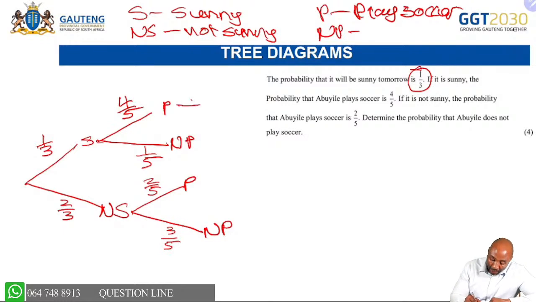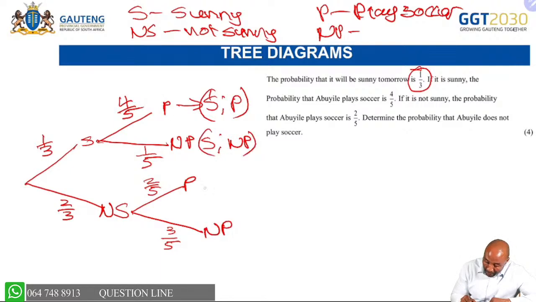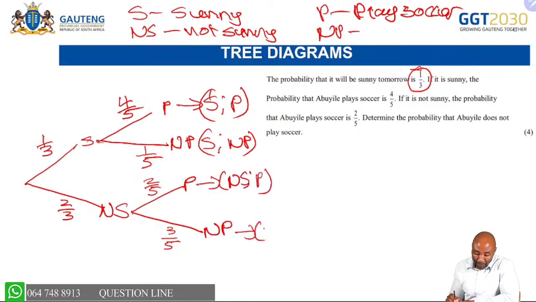So our outcomes will be: sunny and plays soccer, sunny and does not play, not sunny and plays, not sunny and does not play. Those are our 4 possible outcomes.